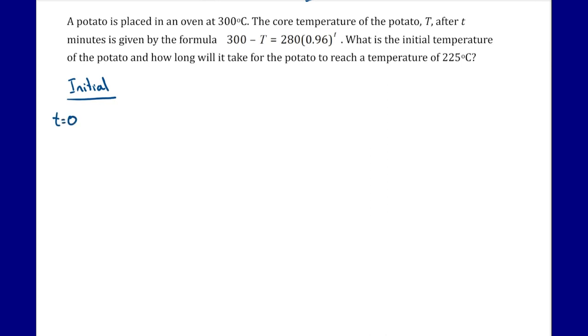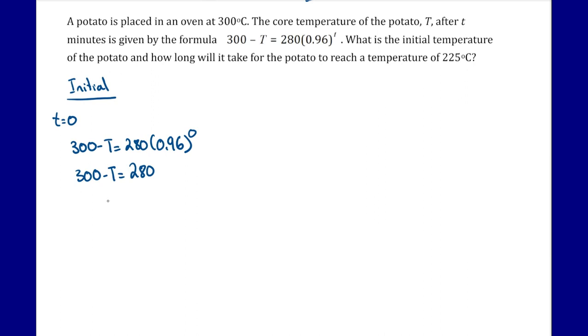So when time is 0, right when we put it in the oven, what is the temperature? 300 minus capital T is equal to 280 times 0.96 to the power of 0. So 300 minus T is equal to 280 times 1, or just 280.